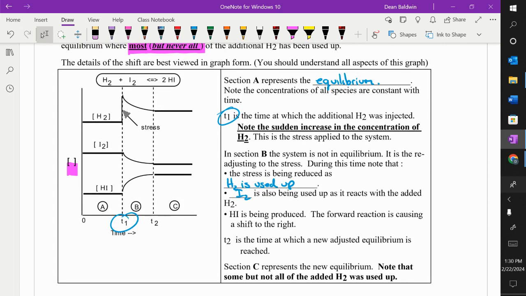But note, even at equilibrium, the amount of H2 is still higher than it was initially. Okay? Yes. It would change the rate initially, right? Because you've got this massive concentration that gets injected, and then it would reestablish equilibrium, and the rates would equal out.